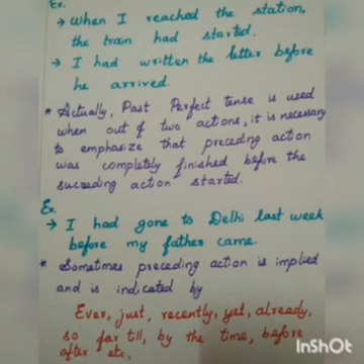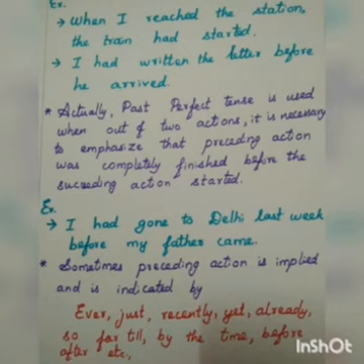Again, there are two actions. One is about writing the letter, the other is about somebody's arrival. We have used simple past in he arrived. Then we have used past perfect in I had written the letter. Okay, any doubt?